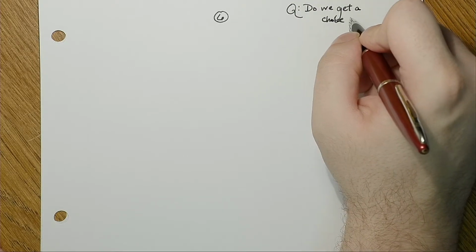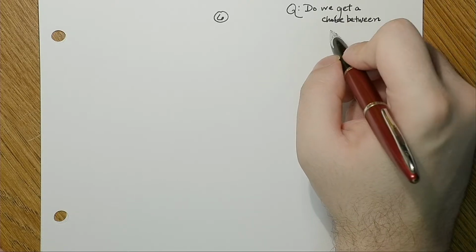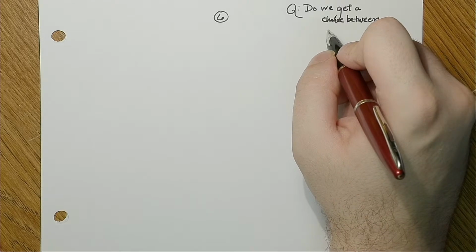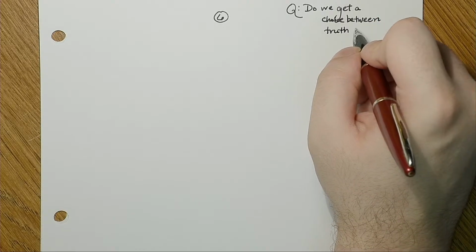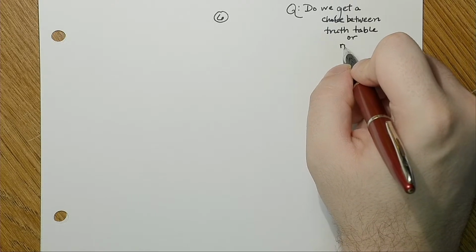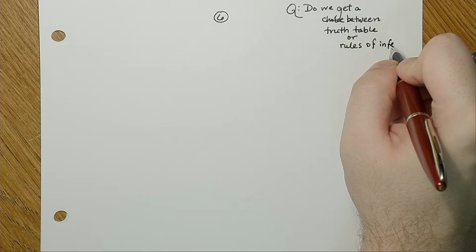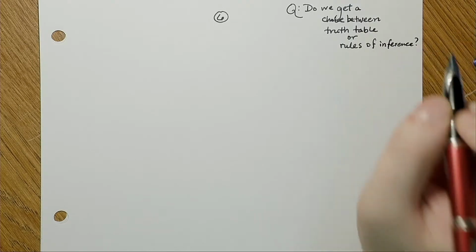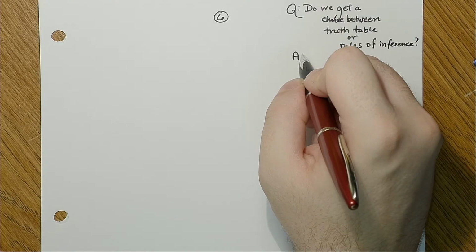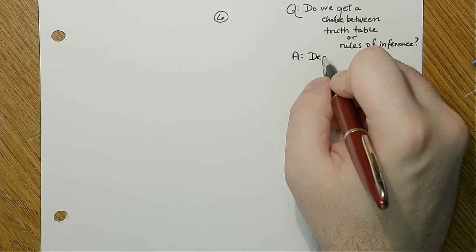Do we get a choice between truth tables and rules of inference? The answer depends on the question.